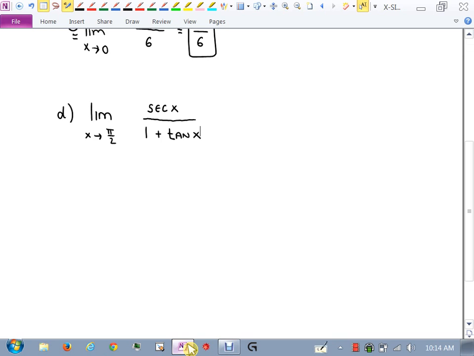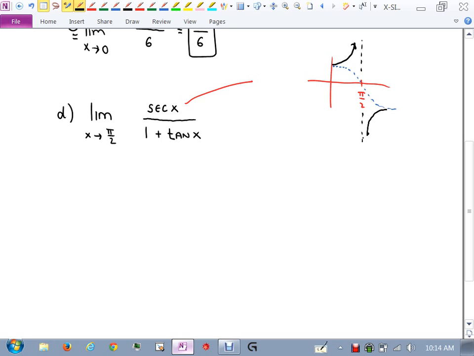Work best with L'Hopital's rule. Let's just see where it goes, all right? So the fact that secant looks like this at pi over 2: secant's the reciprocal of cosine. So if we draw cosine like this, secant does this, and on this side does this, right? That's basically that one part of secant.